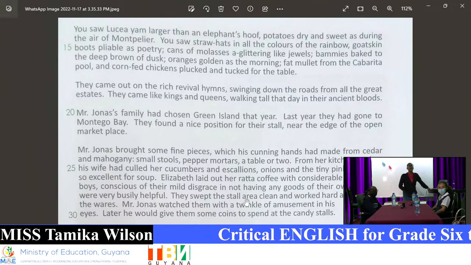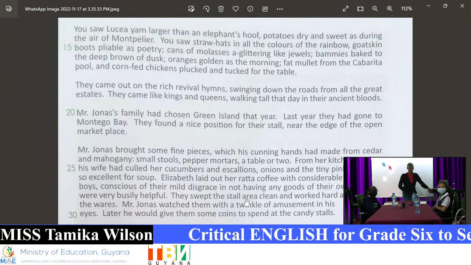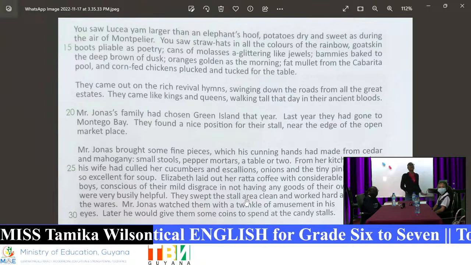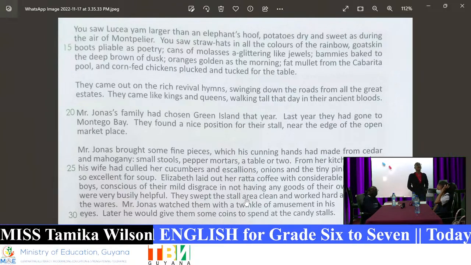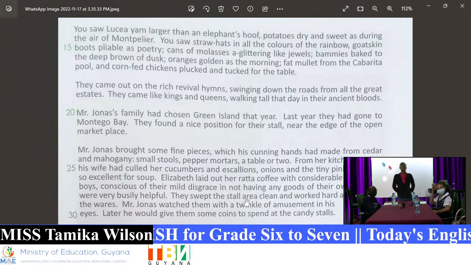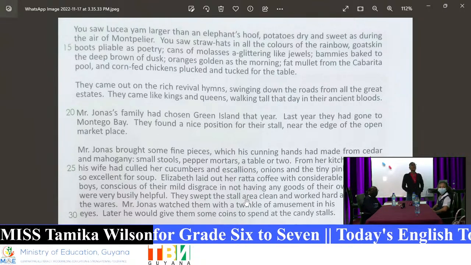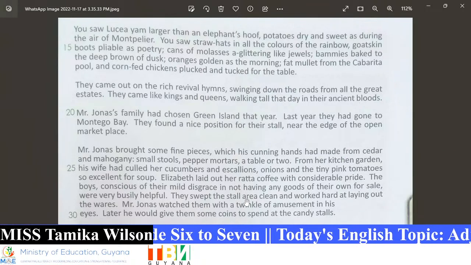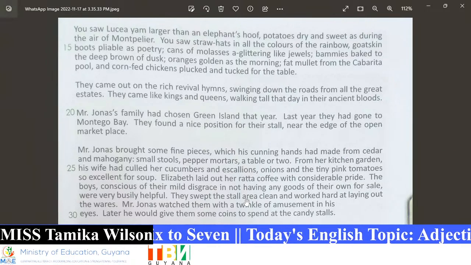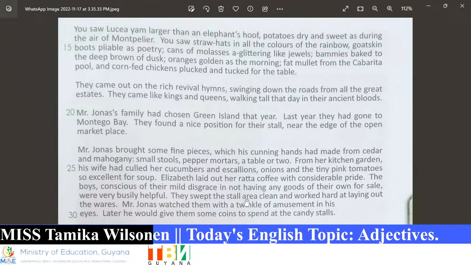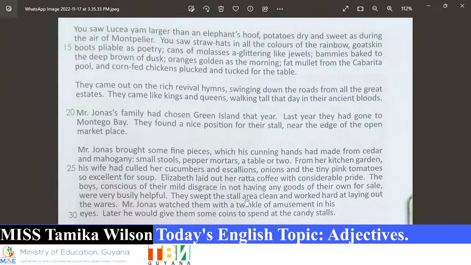You saw straw hats in all the colors of the rainbow, goatskin boots, pliable as poetry, cans of molasses glittering like jewels, bammies baked to the deep brown of dust, oranges golden as the morning, flat mullet from the Cabarita pool, and the corn-fed chicken plucked and tucked for the table.